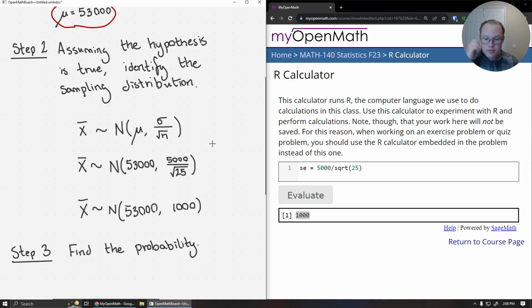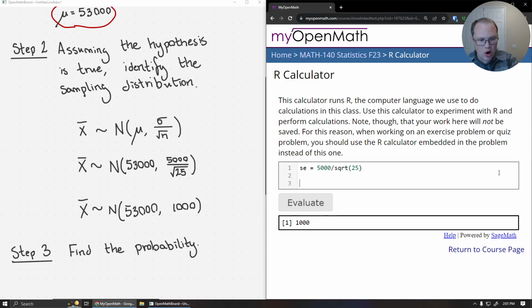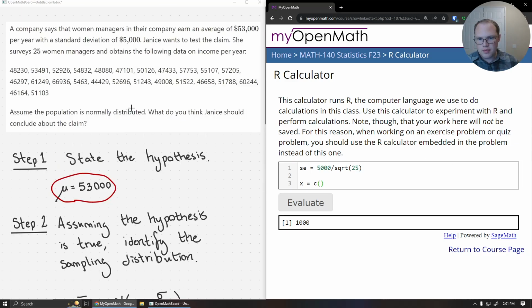Now to do that, we actually need to find the sample mean. We haven't done that yet, right? So let's take a moment and actually find the sample mean. We're going to need our list of values, our data values. I have them off to the side so I can copy and paste them into my calculator.